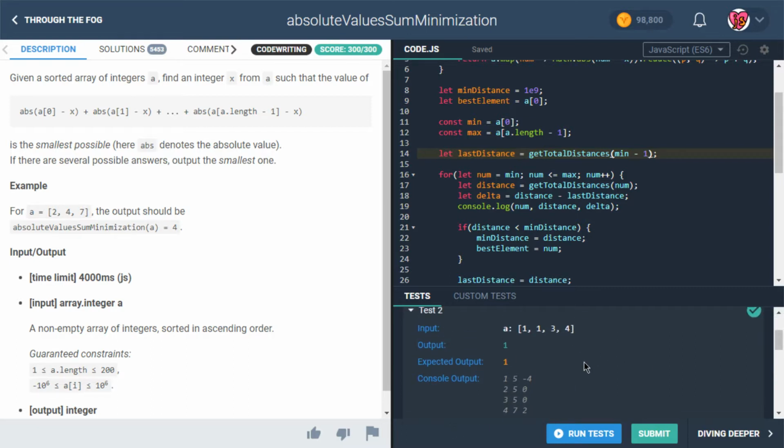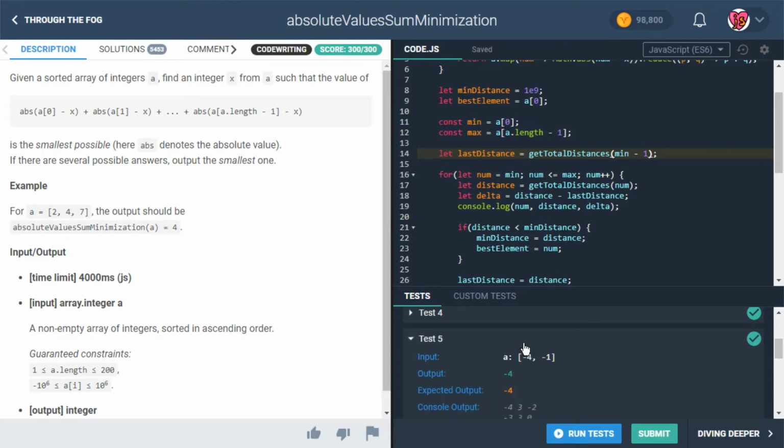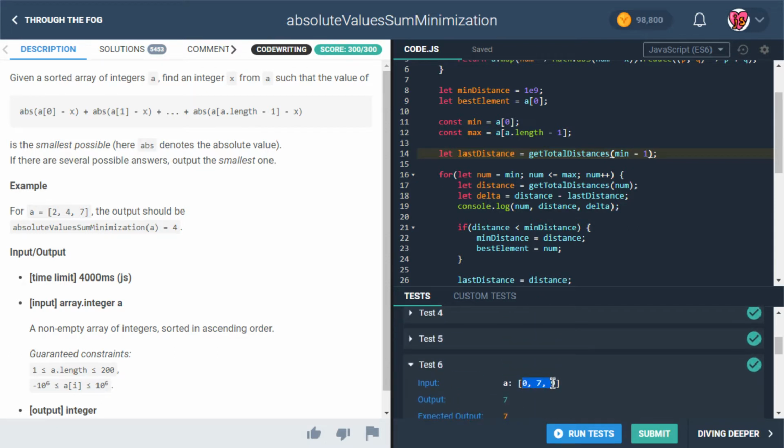Maybe after the 4, it would change as well. We're not sure, but we're maybe noticing a pattern. Not the best example. That's a little crowded. Not enough elements. Let's see. After the 0, it changes. After the 7, it changes. Maybe after the 9, it would. I think it's just the numbers that are inside the array here.